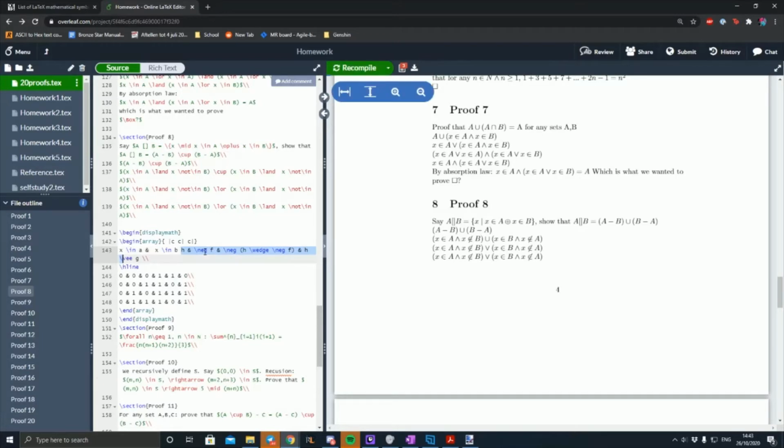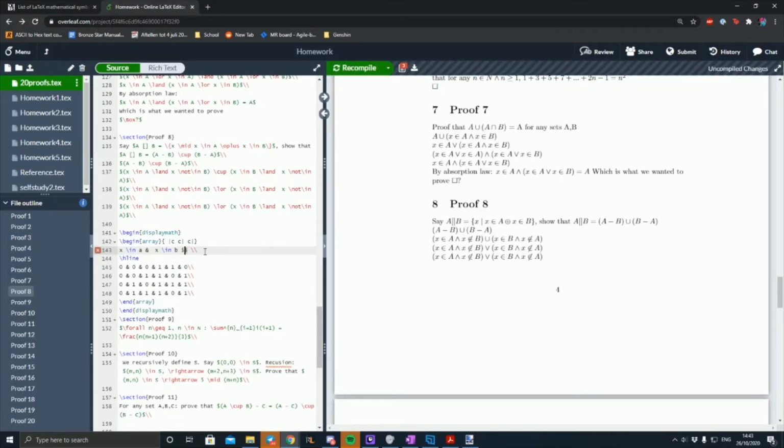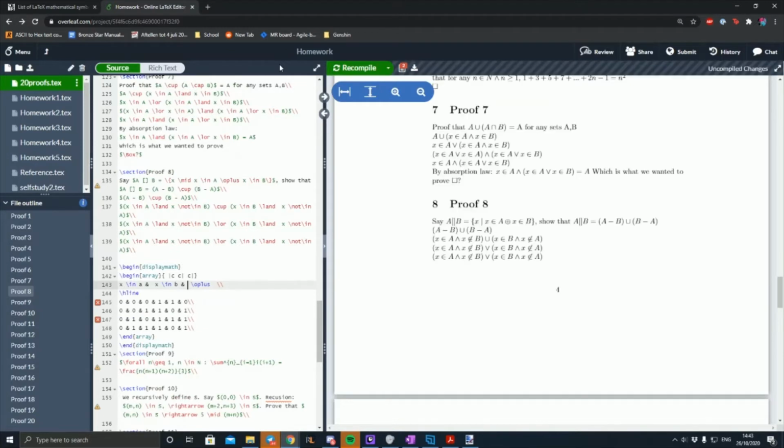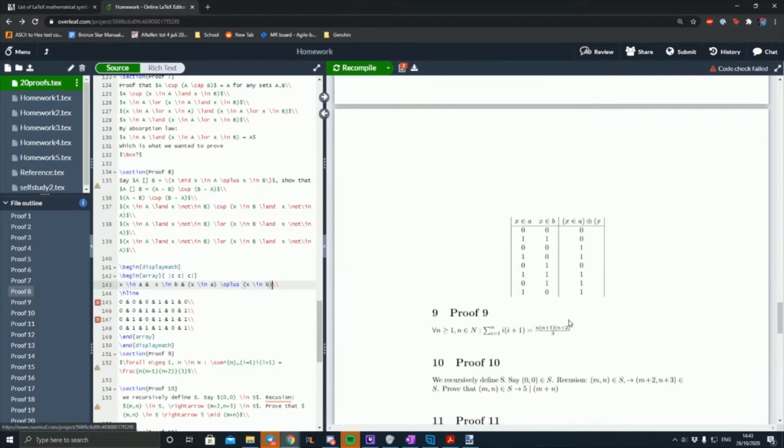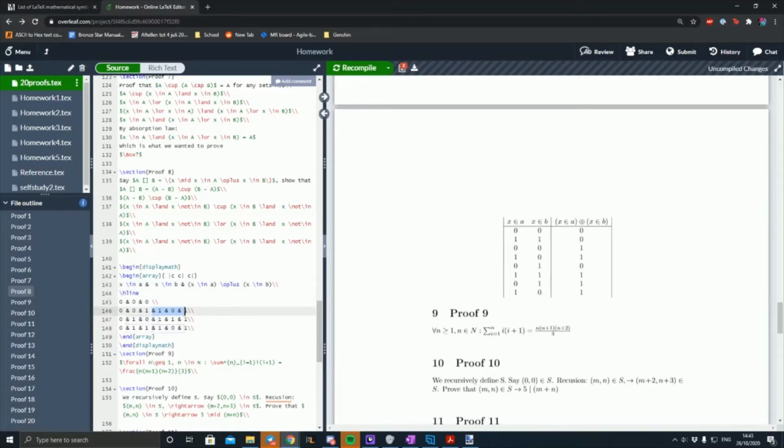Okay, and then we have x in A XOR x in B. That's actually quite a good exercise because now we can see how truth tables work like this. Oh, and here I have way too many cells, so this should be only 3.